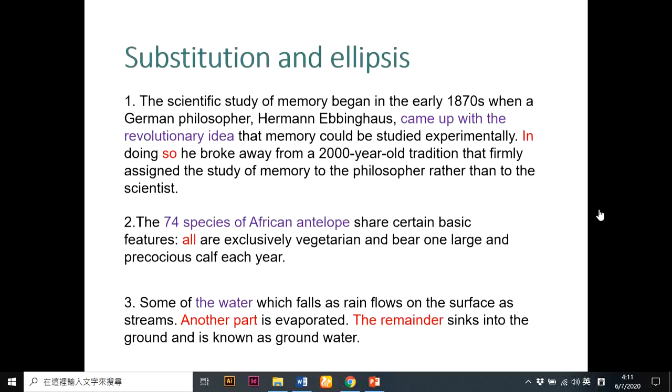Instead of having to repeat all of that information, the writer can use substitution. Actually, the second example is an example of the same strategy, where all is a substitution for 74 species of African antelope.